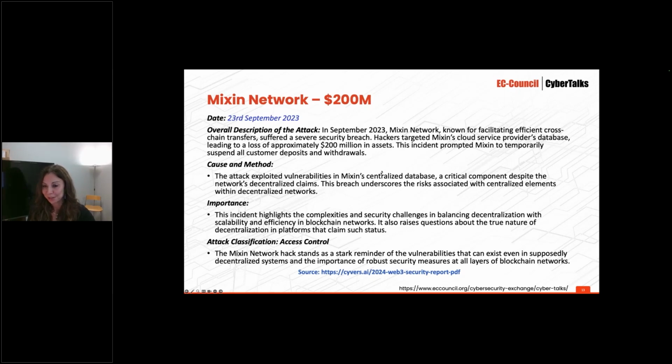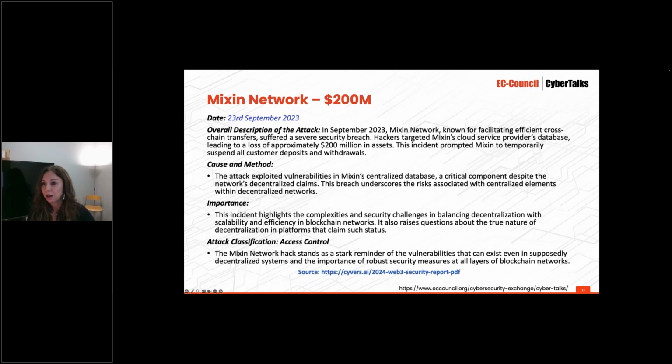And I love the way that this is described here, because it's very true that despite the network's decentralized claim, so many of these platforms will claim to be completely autonomous or decentralized, or using this logic on behalf of intermediaries, and you know, it's doing all these zero knowledge proofs and things that are supposed to give you the impression of being very secure.